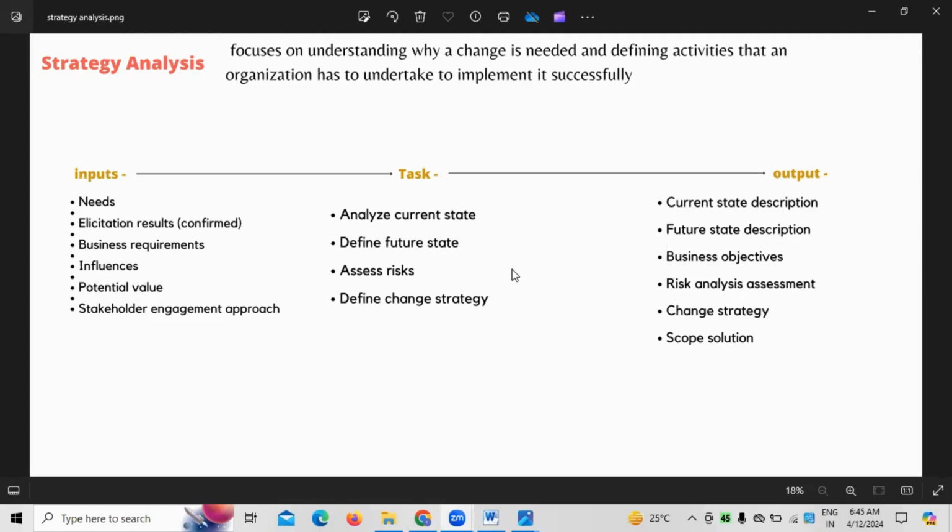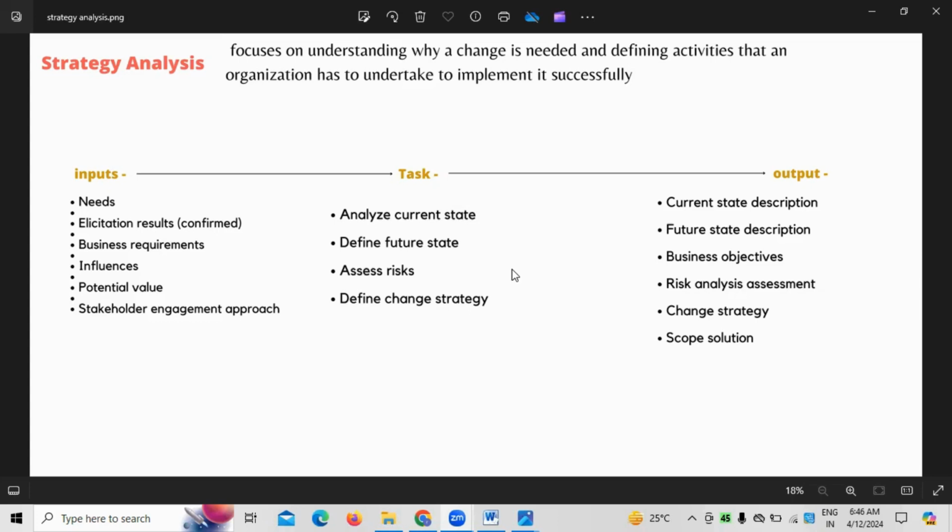So whatever work you have done so far is more or less the same. In this strategy analysis, we need to analyze the current state, because what was the existing state? If you remember, I gave you an assignment to make you understand the traditional point of sale system. This is where we call it analyzing the current state. For this, you need to have an idea of the business need that is required.